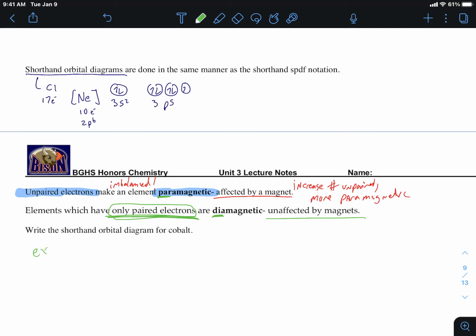So neon is 1s2, 2s2, 2p6. 1, 2, 3, 4, 5, 6, 7, 8, 9, 10. Those are a little off center there. Let me fix that.